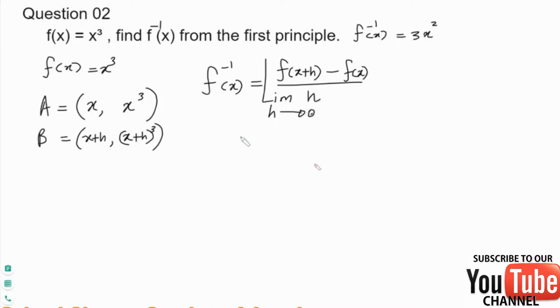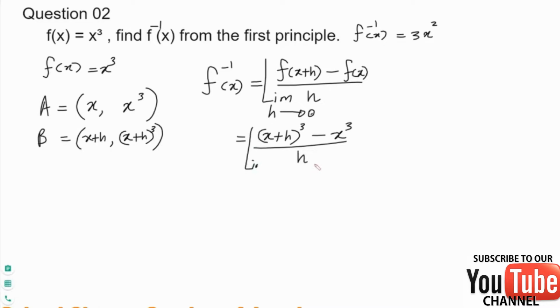So now substitute. So this is going to be (x plus h) whole thing cube minus x cube. So difference between the y coordinate divided by difference between the x coordinate. Difference between the x coordinate means x cancel. So you end up with h.